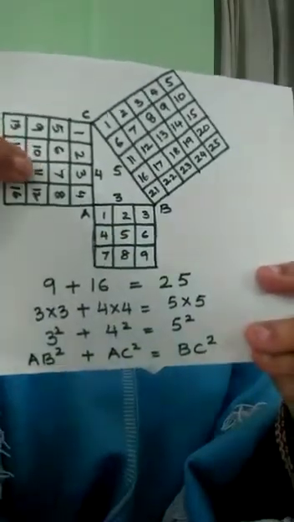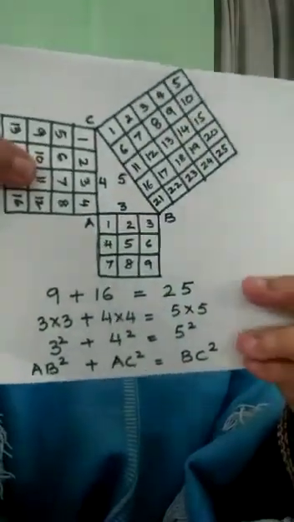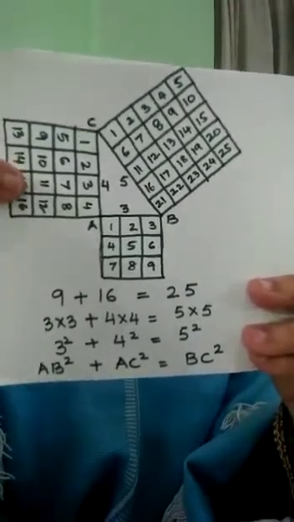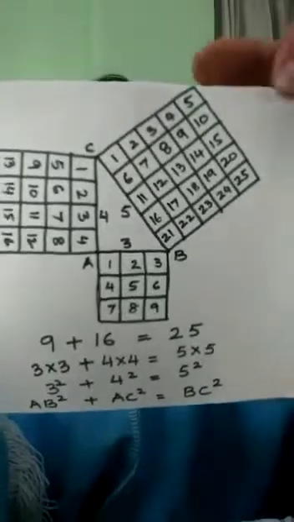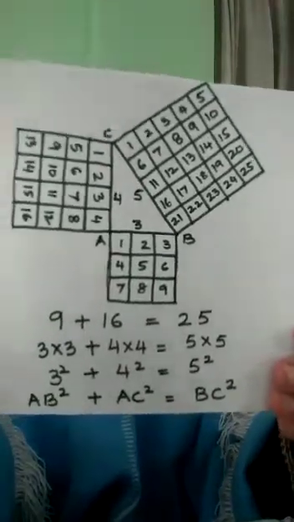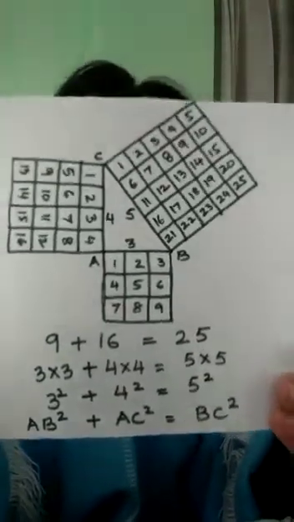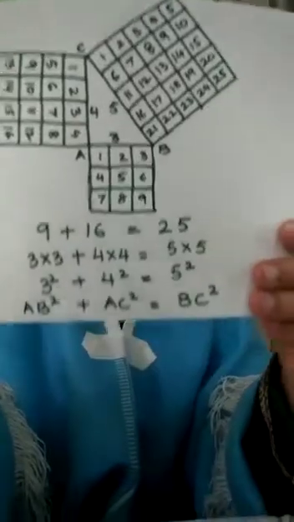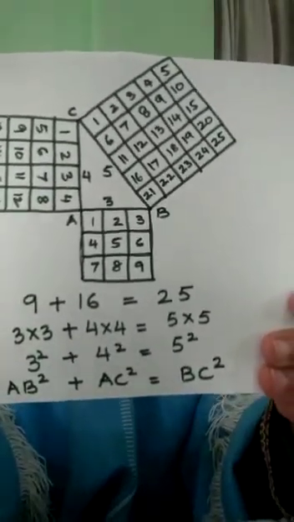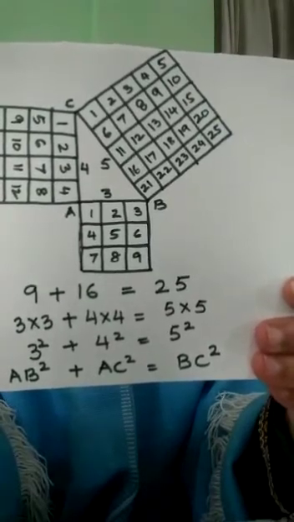How many small squares are there in the 4 centimeter by 4 centimeter square? 16. And how many small squares are there in this 5 centimeter by 5 centimeter square? 25. So now I have 3 numbers. The 3 numbers are 9, 16 and 25.